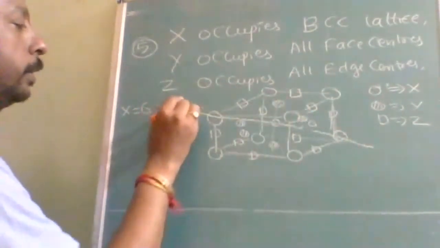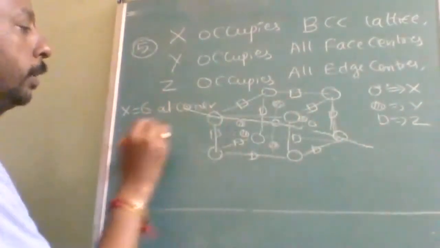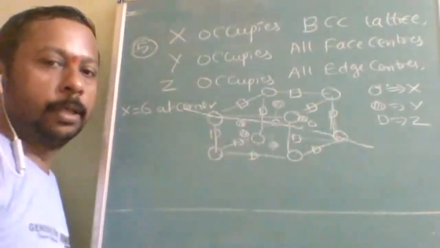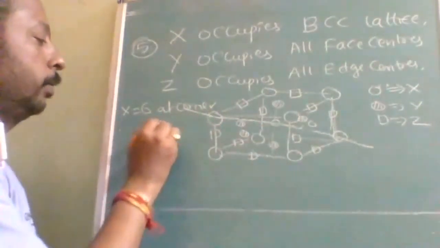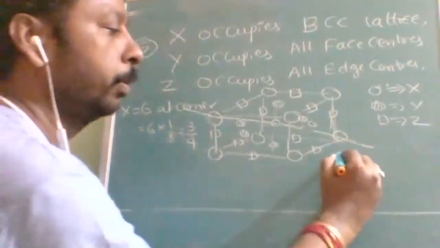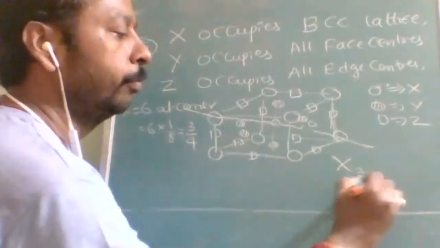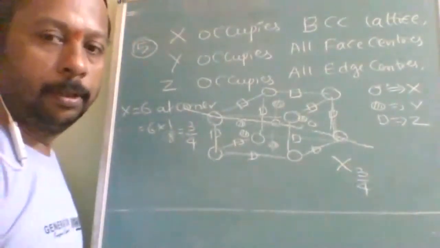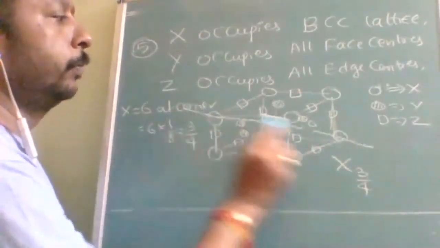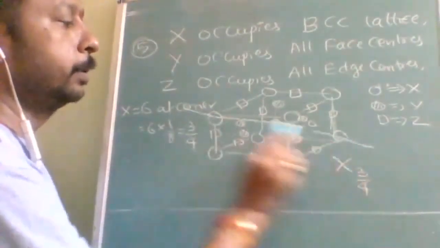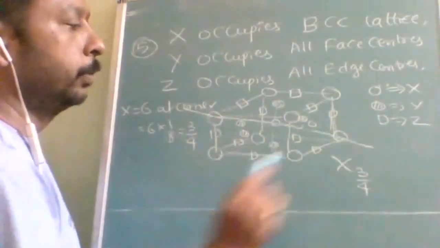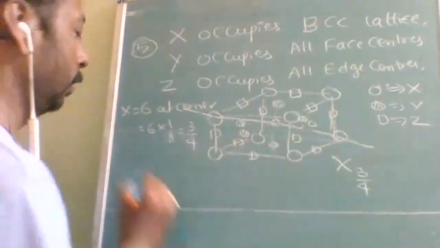6 at corners. Body center is not there now, body center is lost. Therefore, it will be 6 into 1 by 8, that is 3 by 4. Number of X is 3 by 4. Is it understood? Due to the defect along one threefold axis passing through the corners, one body center and two corners are lost.